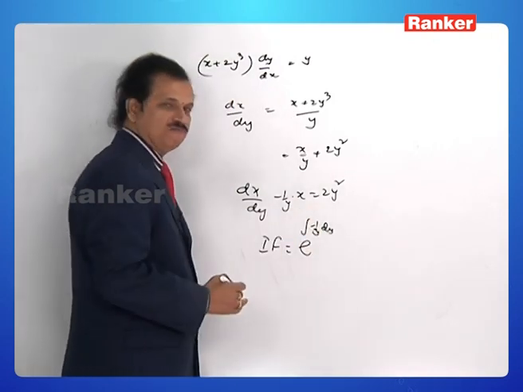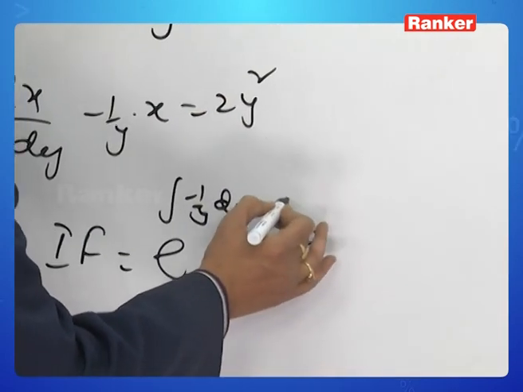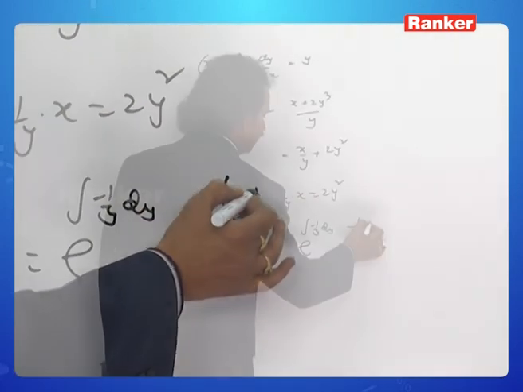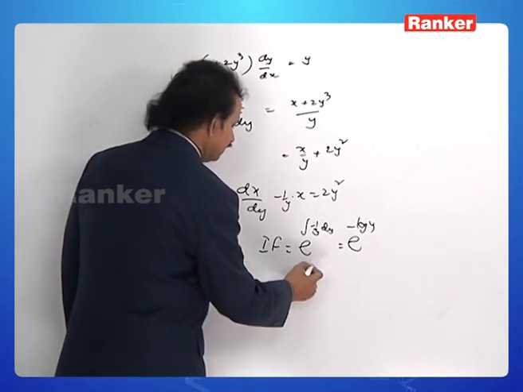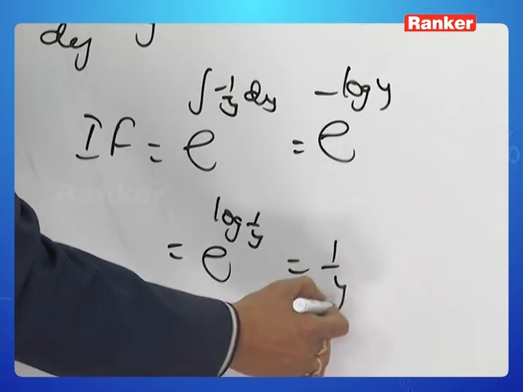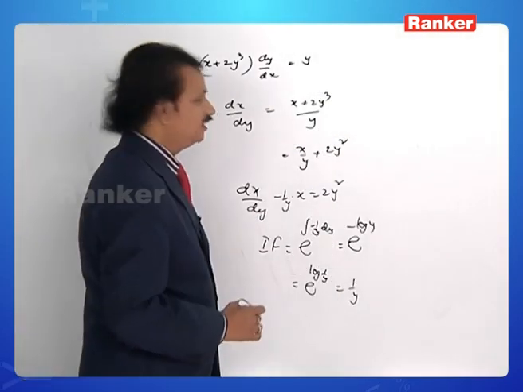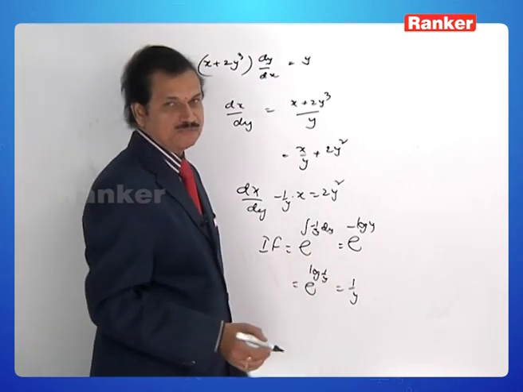What is the integral of minus 1/y? Minus log y, so e power minus log y. Or you can write minus log y as log 1/y, and e power log 1/y is nothing but 1/y. Hence, the integrating factor is 1/y.